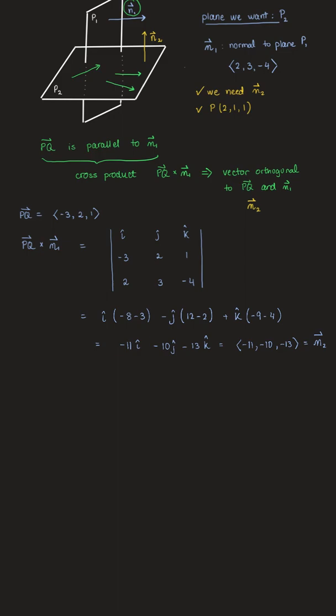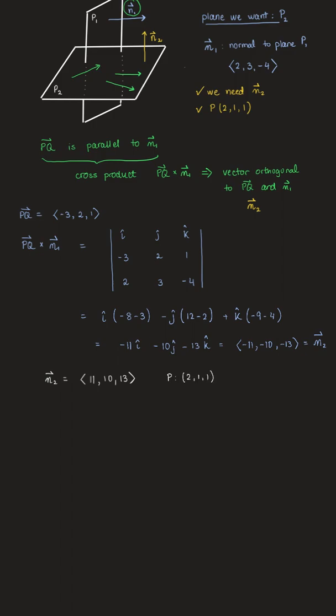As I've mentioned before, we can take any scalar multiple of n2. It will also be normal to our plane P sub 2. So I'm going to take as our n2, I'm just going to multiply everything by negative 1. So I have 11, 10, and 13. I'm going to use point P, whose coordinates are 2, 1, 1.